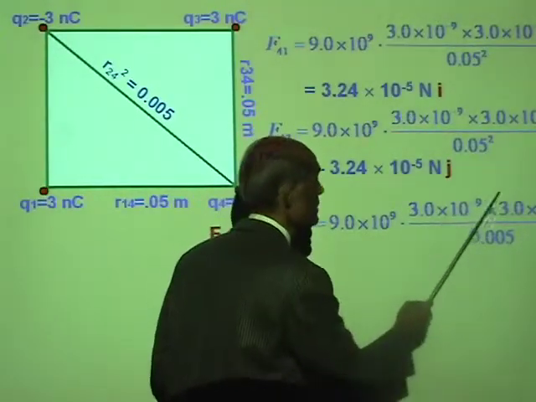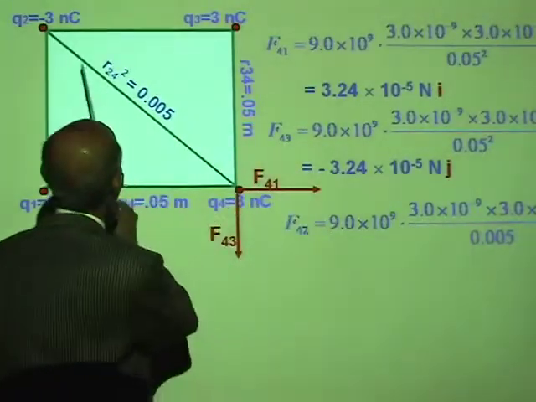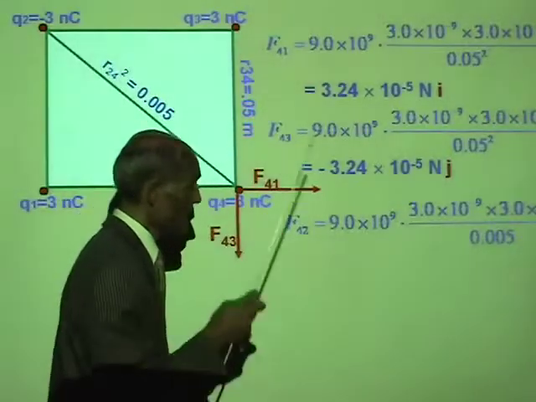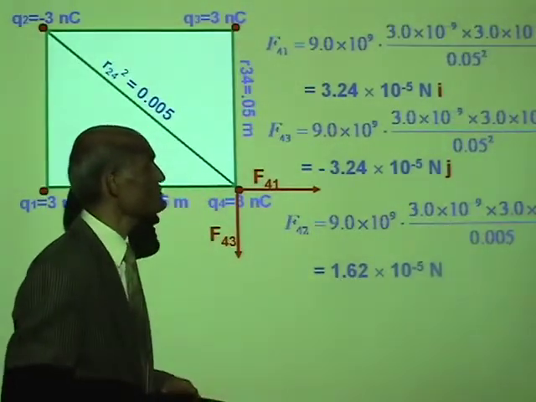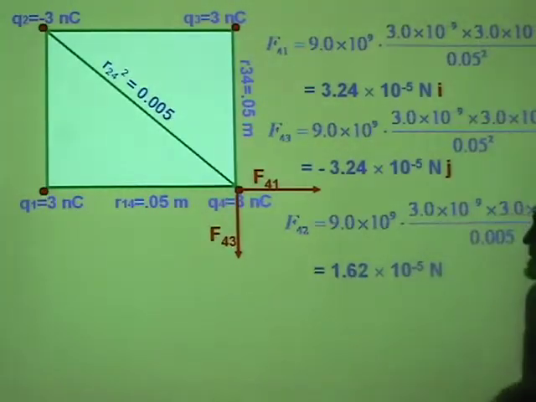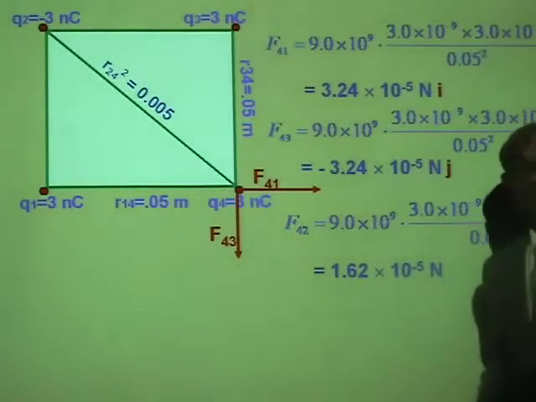That is Q2, that is Q4, and this is the square of the distance between them. Now, what does that equal to? That will be 1.62 times 10 to the negative 5 Newton. And you can see I haven't used any I or J there because I don't know in what direction it is exactly. Do I?